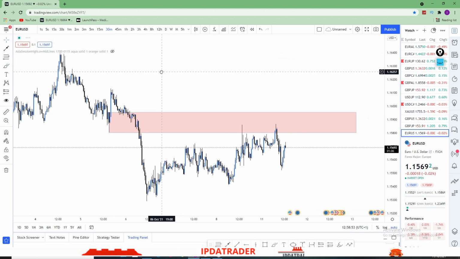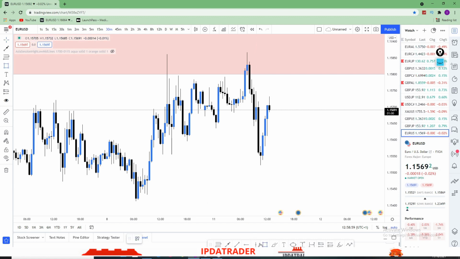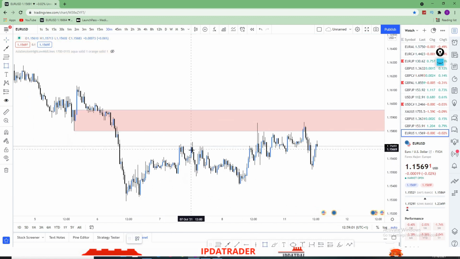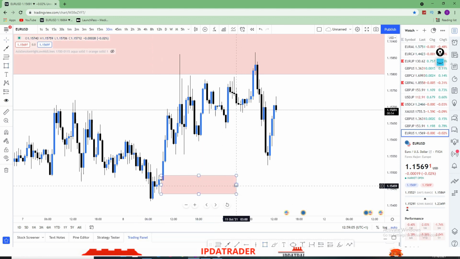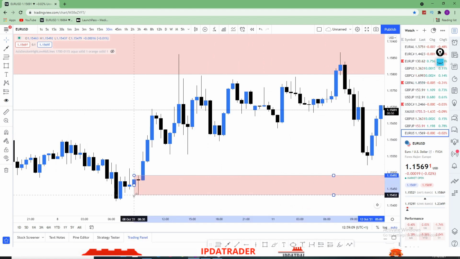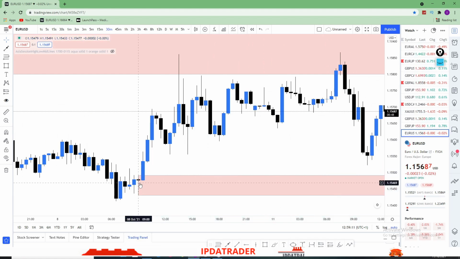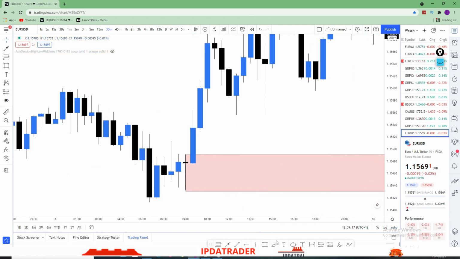Let's continue looking for more IFC candles. Right here, this is current price action. This candle right here is an IFC candle. We can recognize it because it's a doji looking candle. It really doesn't matter if it's black or blue, meaning bullish or bearish, as long as it has that characteristic of looking like a minimal doji candle with the imbalance over here.